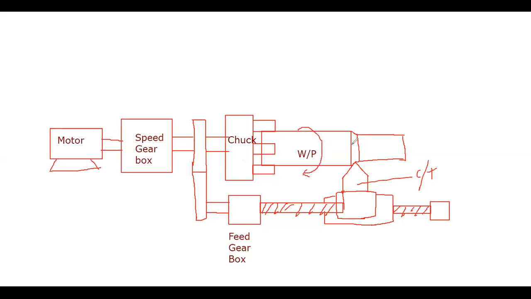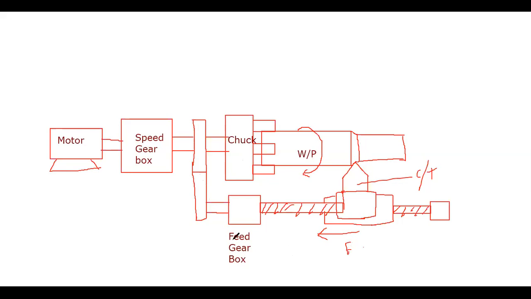So this is one mechanism, and another mechanism is that through the speed gearbox, this is a gear, and through this gear another gear is connected, which is also connected to another gearbox, called the feed gearbox, to give the required feed. This is the direction of feed.